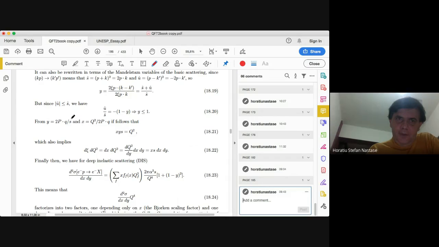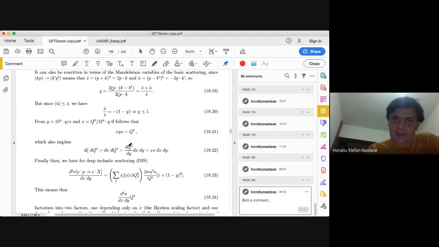And then from the relations we find for y and x, it follows that the product x, y, s is this capital Q squared, this other variable. So then in turn, that means that dψ/dQ squared, with ψ being equal to x, is dx/dQ squared.